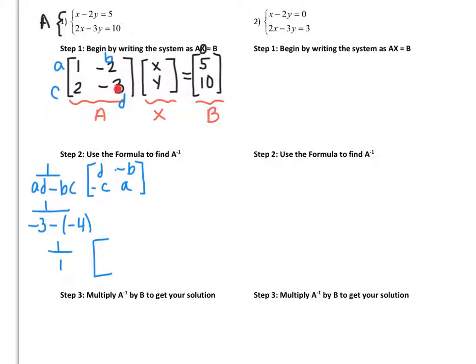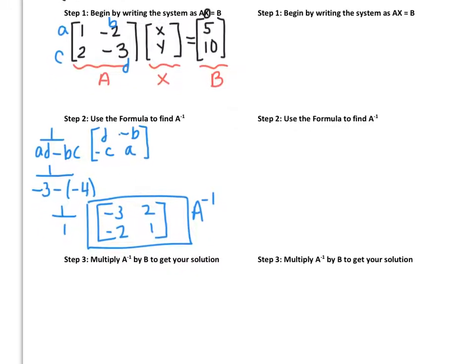So we're going to switch the A and the D. So D and A are switched. So it's -3 and 1. And then we're just going to negate the C and the B, -C and -B. So this becomes a -2 and a 2.